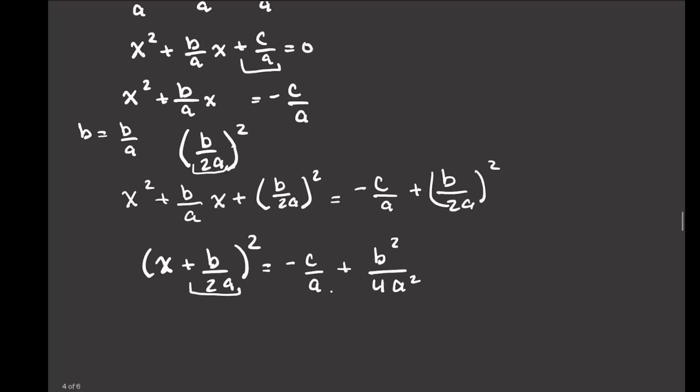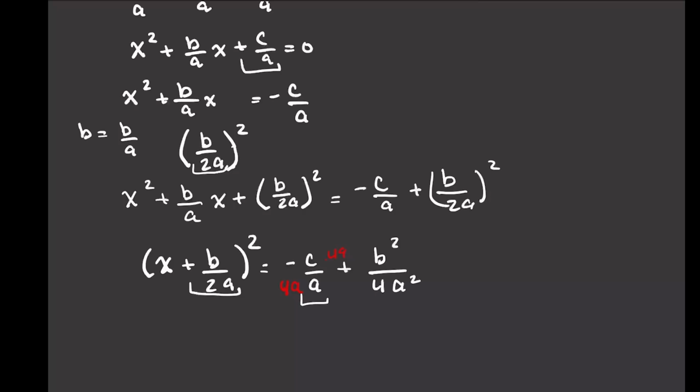So now from here, I would have to multiply this by the least common denominator. So in order to obtain that, I would have to multiply the negative c over a by 4a. Whatever I do to the bottom, I need to do to the top, so I multiply that by 4a.